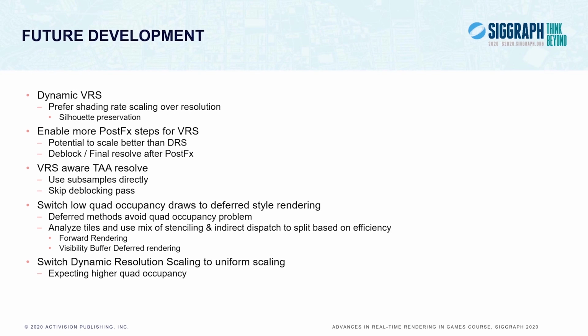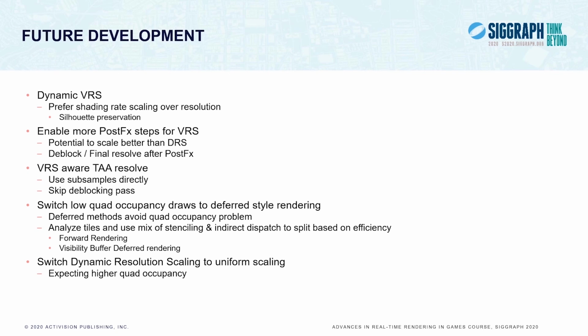Some other future developments we're interested in is dynamic VRS, where we would be basically preferring shading rate scaling over resolution scaling because it improves our silhouette preservation over far distances. Then we would like to enable more post-effect steps to use VRS. They have a high potential to scale better than dynamic resolution scaling. And then we would have to move the deblock and final resolve after post-effects.